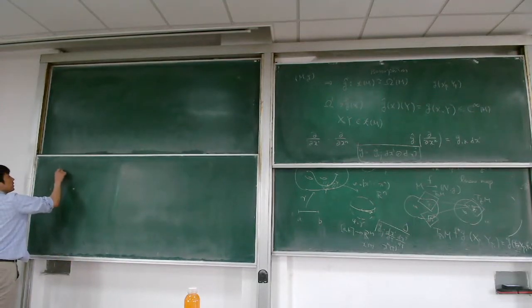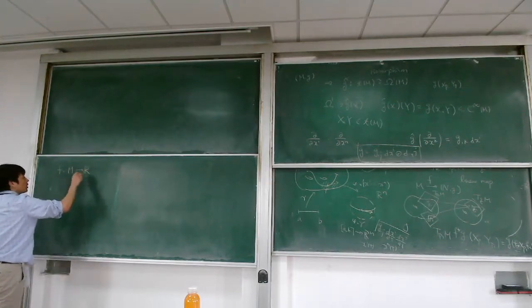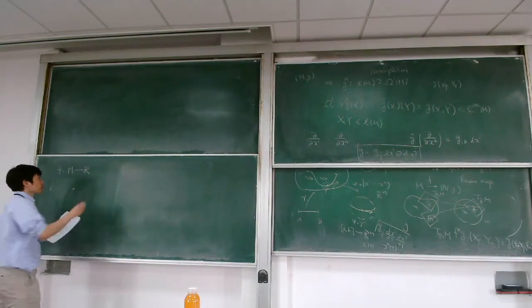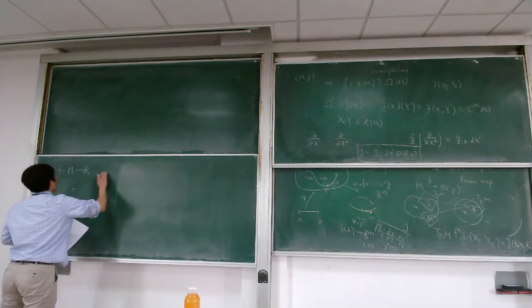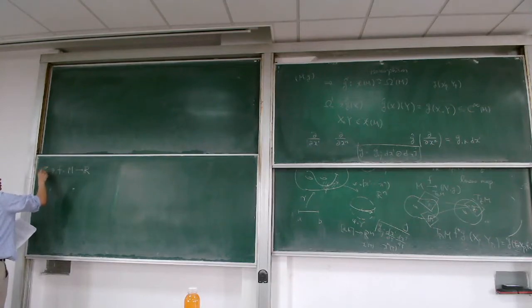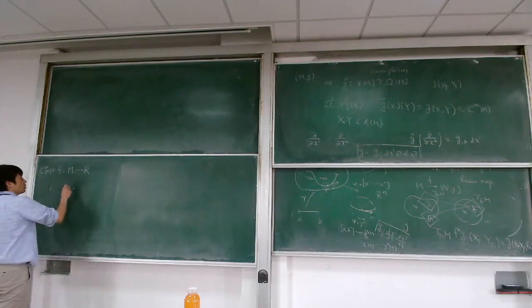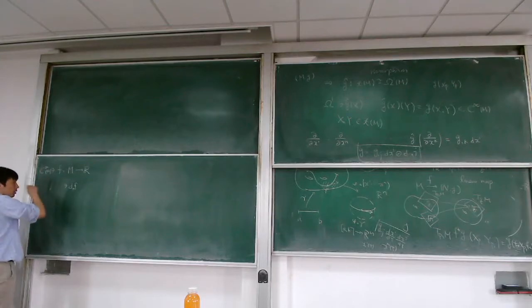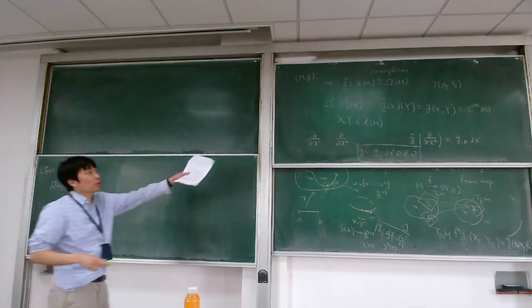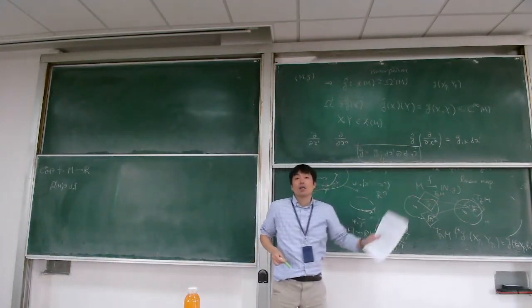So f is some smooth function over the manifold to R. We already saw that if you apply the exterior derivative, you get the one form. So now we have an isomorphism between vector field and one form.